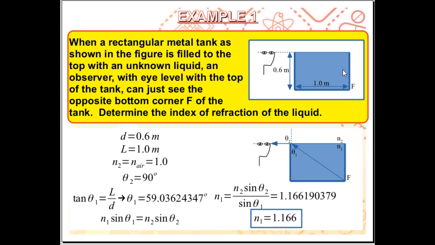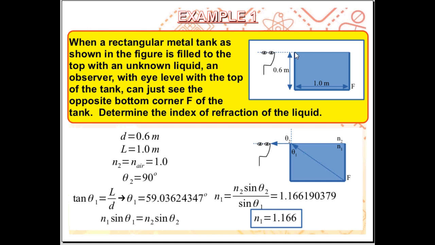So you have a tank filled with liquid level with the top of the tank, and at the top of the liquid are the eyes of the observer, and the observer can see the corner F basically in line with this corner of the tank.